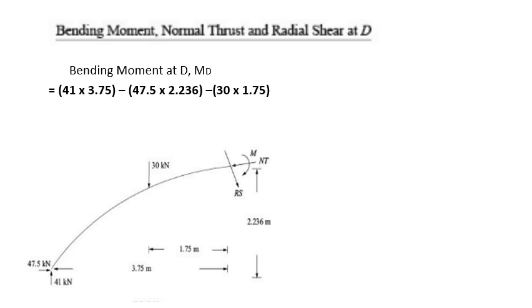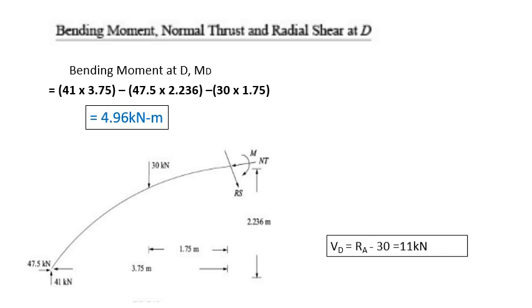See, the total distance is 3.75. The 30 kilonewton force is at a distance of 2 meters from the point A. So 3.75 minus 2, the 30 kilonewton force is at a distance of 1.75 meter from the point D. So find the moment. You get the moment as 4.96 kilonewton meter.